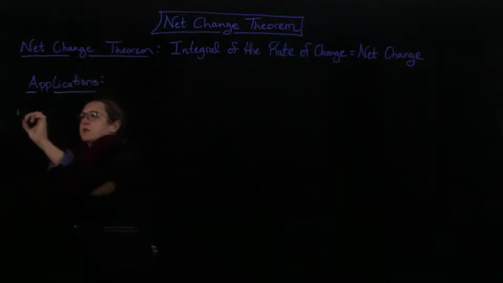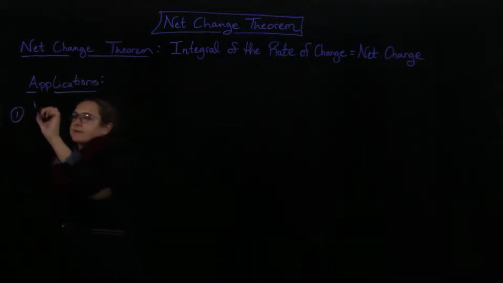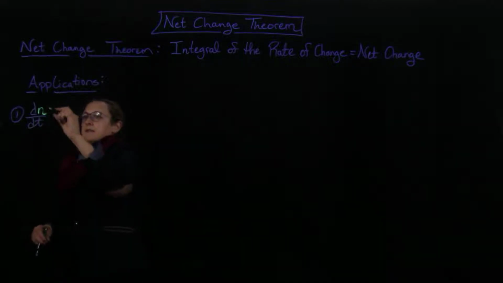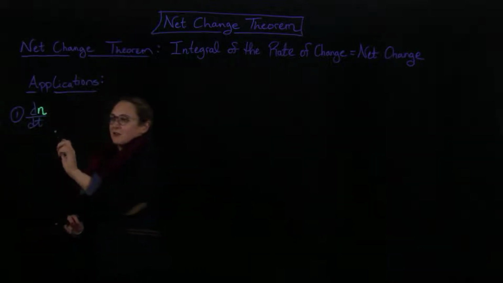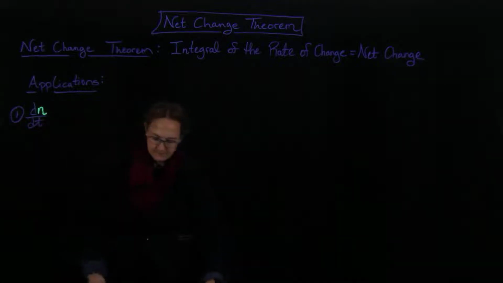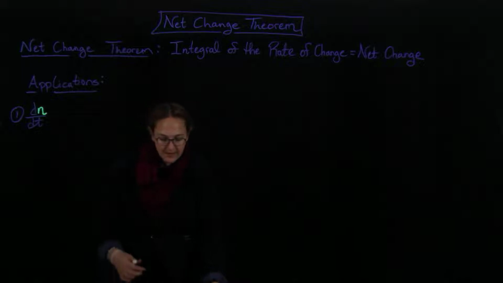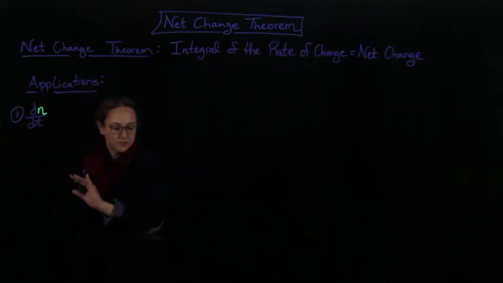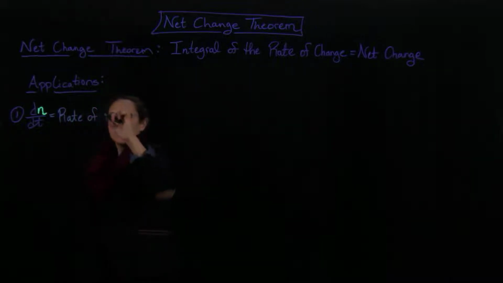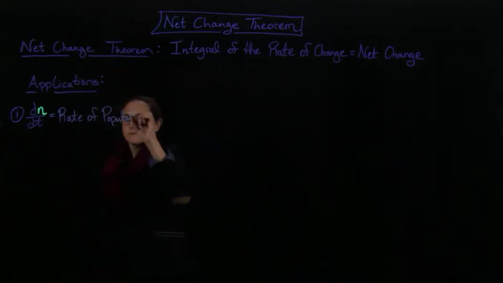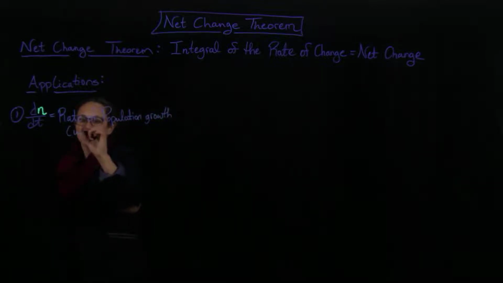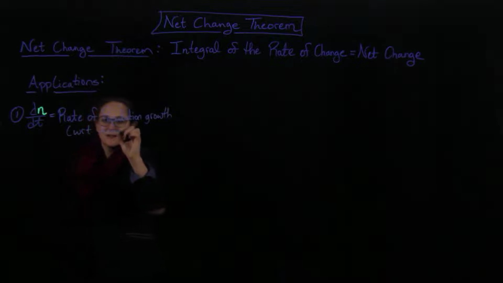Okay, so the first one will be if I have dN/dt, and my function here is N, so I have the rate of change with respect to t of this function N, and we're going to suppose that this is equal to the rate of population growth with respect to time t.